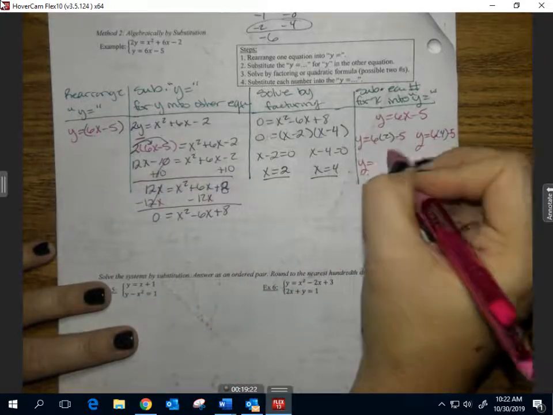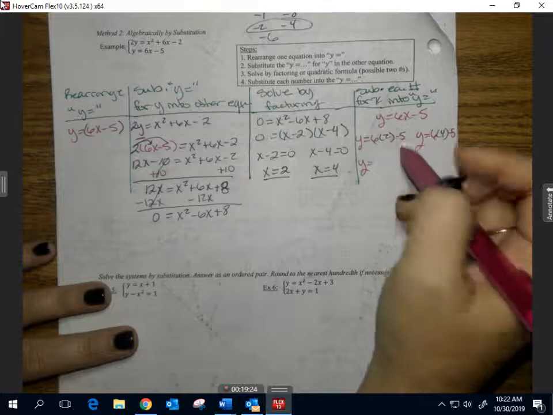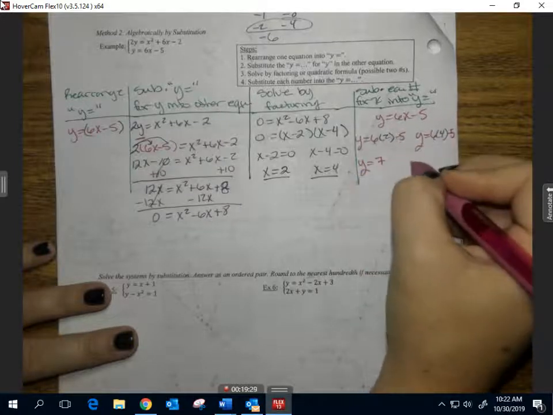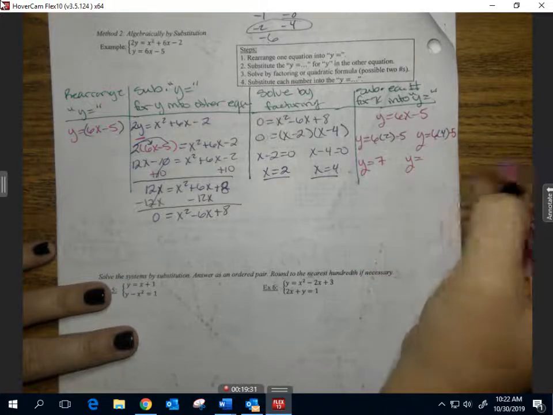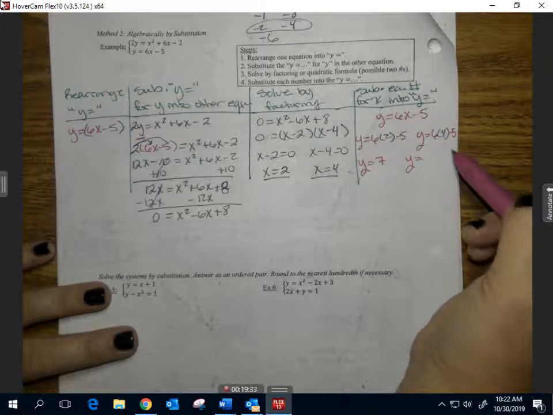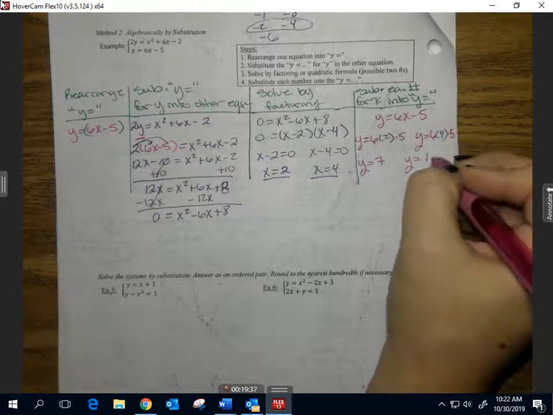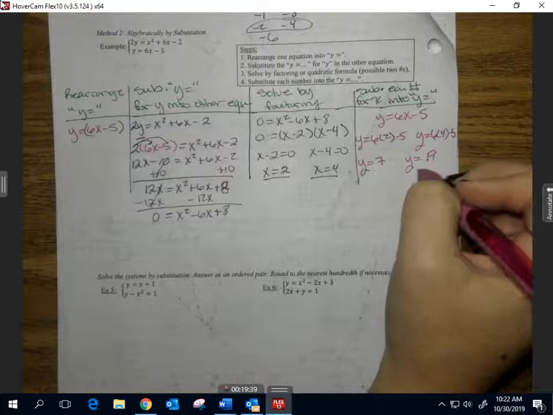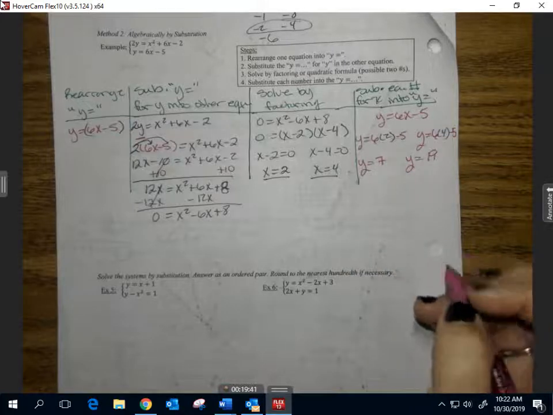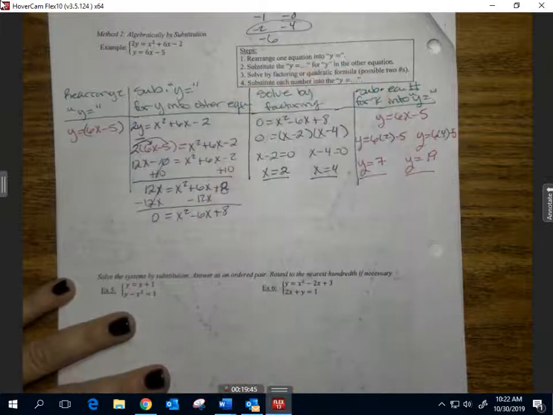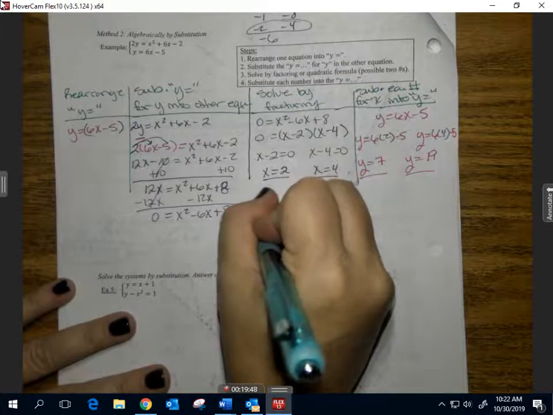So 6 times 2 is 12. 12 minus 5? 7. 6 times 4 is 24. 24 minus 5? Okay, so my y values are 7 and 19. I need to write my solutions down.